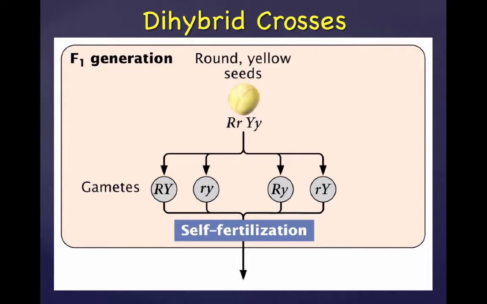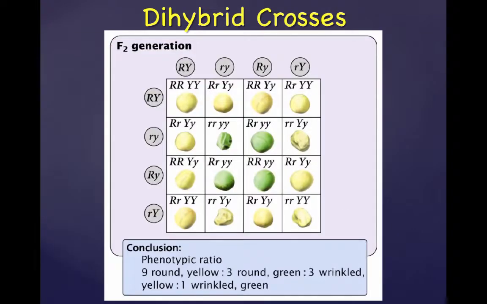We could have recessive alleles for both sorting off. We could have a heterozygous big R little y combination separating off, or we could have a heterozygous little r big Y combination sorting off for the F2. So our F2 generation has lots of possibilities. It's not just the simple 3-to-1 ratio anymore.